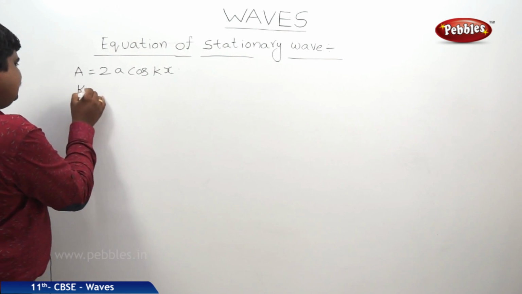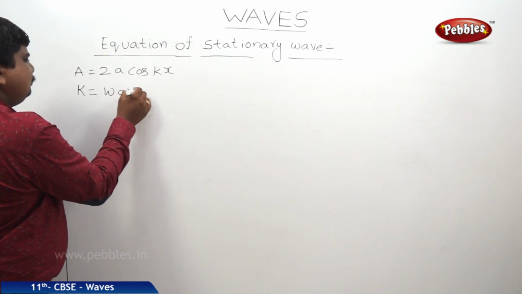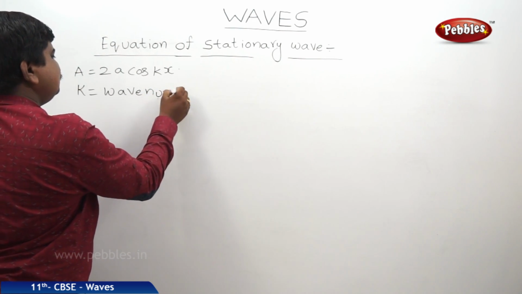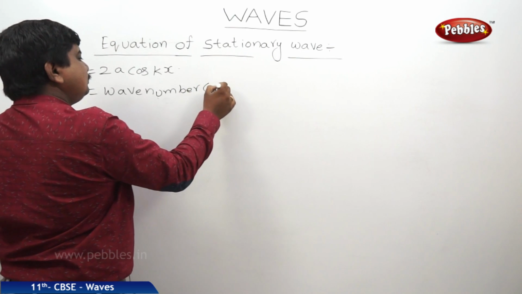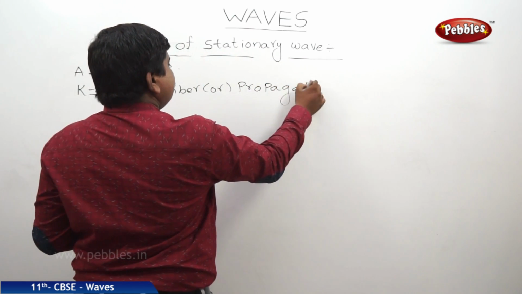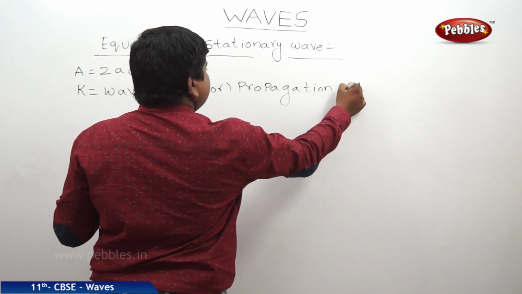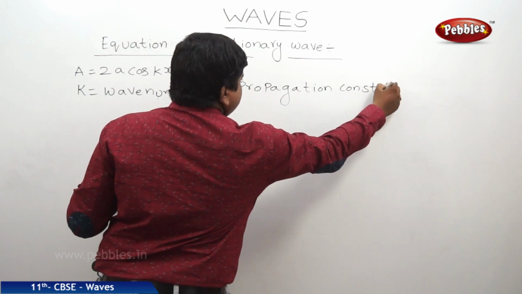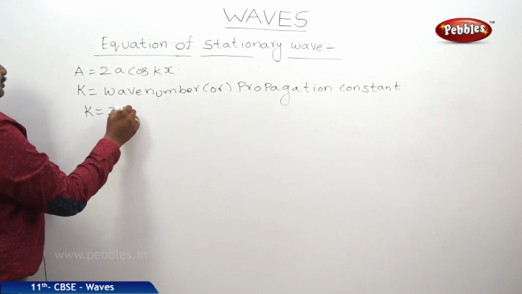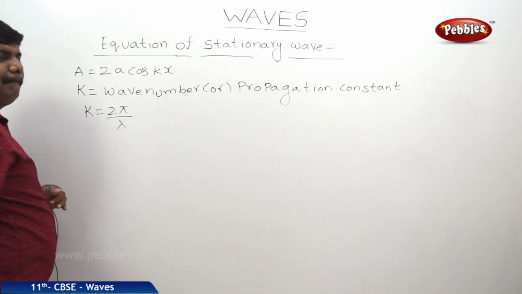Here k is the wave number or propagation constant, and its equation is k is equal to 2 pi by lambda.